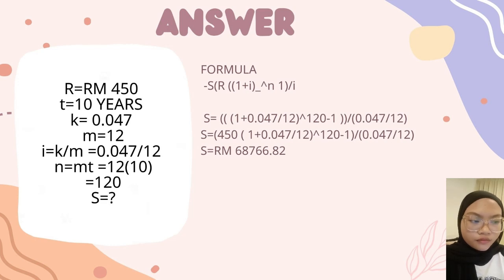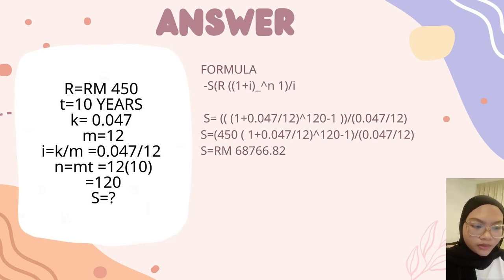Now we are going to find the future value. In this question, we are going to use the formula S equals R open bracket 1 plus i close bracket to the power of n minus 1 over i. So we are going to put the numbers inside.